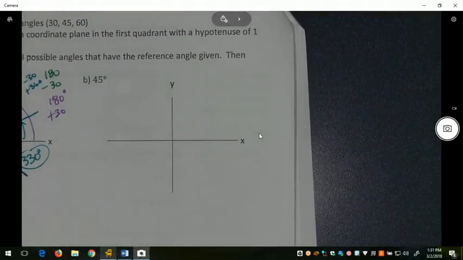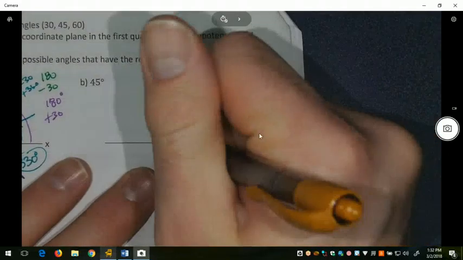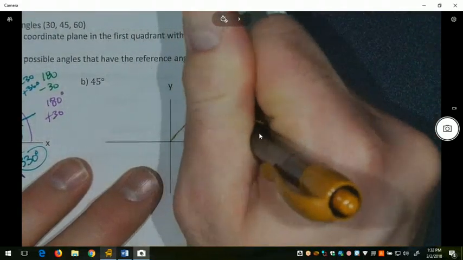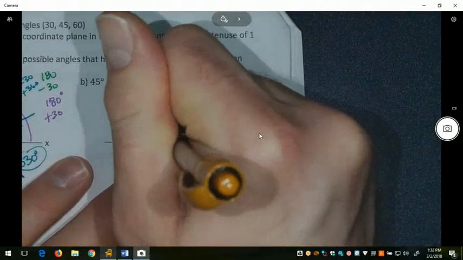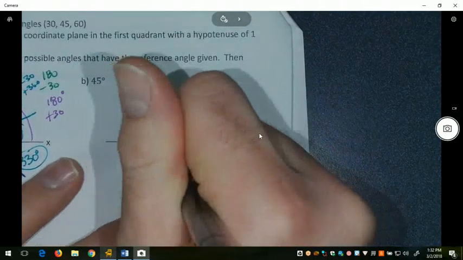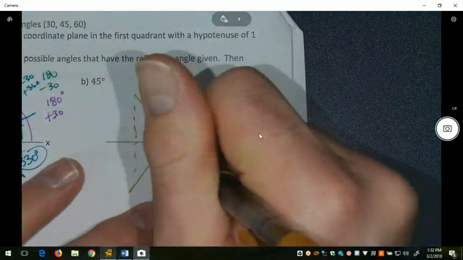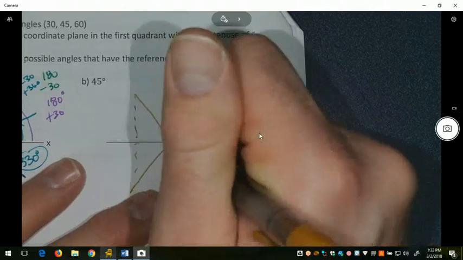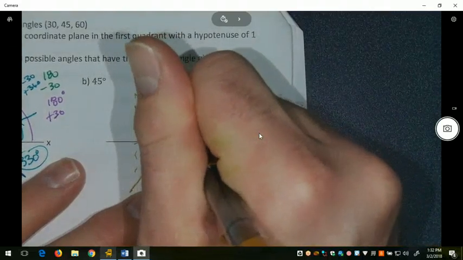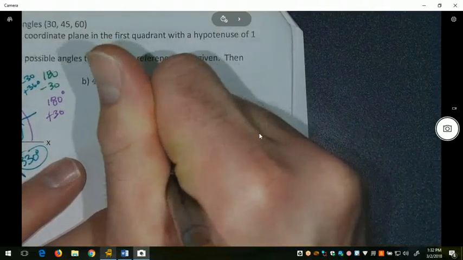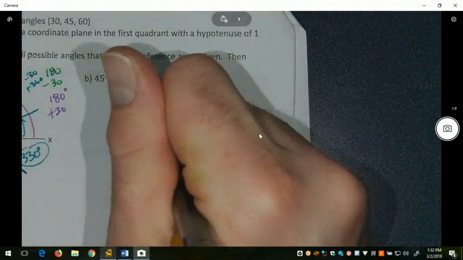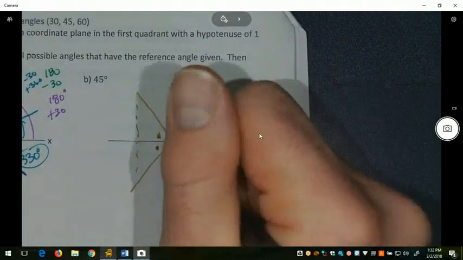For the 45-degree angle, I'm going to start in quadrant 1. That's going to go right down the middle, and then it would drop. Same thing here. It's going to go right down the middle and drop, right down the middle and come up. So this is 45 degrees. Theta prime is 45 there in quadrant 2. Theta prime is 45 there in quadrant 3.